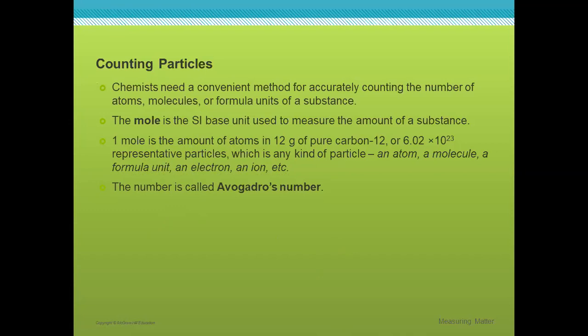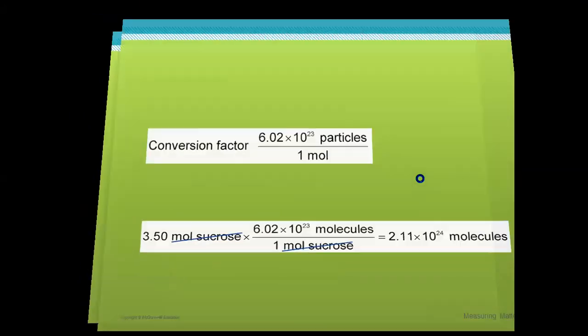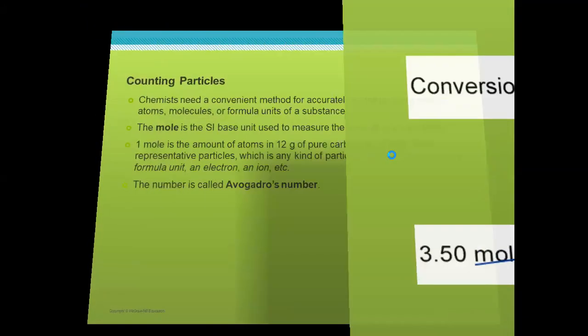So 1 mole is a fixed number, equal to 6.02 times 10 power 23. And the mole represents what? Number of ions, number of molecules, number of atoms, number of formula units.